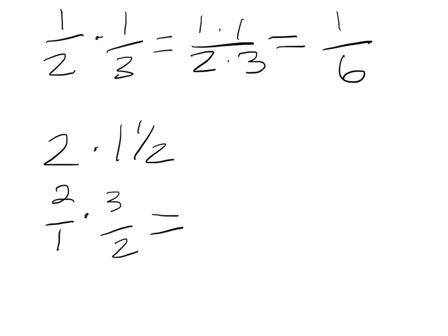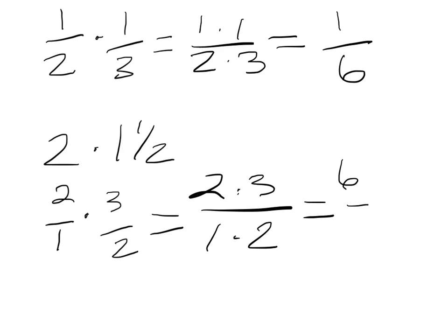We had 2 times 1.5, and if we write that in fraction form, we have 2/1 times 3/2. 2 times 3 in the numerator, and 1 times 2 in the denominator results in 6/2. And that simplifies to 3.